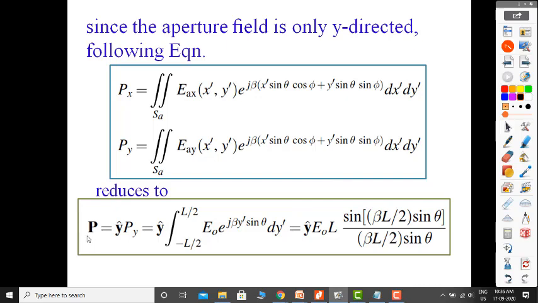Now, P has only one component, Py y cap. This is a one dimensional problem, because the electric field exists over the x axis, uniform, that is the same amplitude, and is oriented along the y axis.